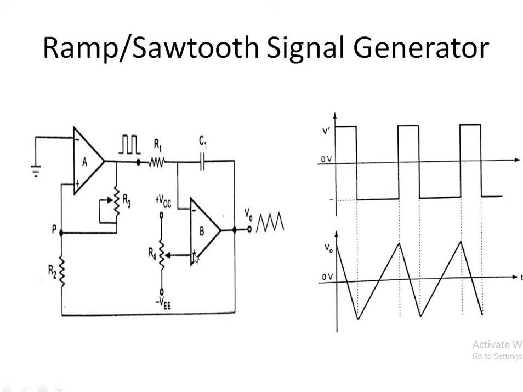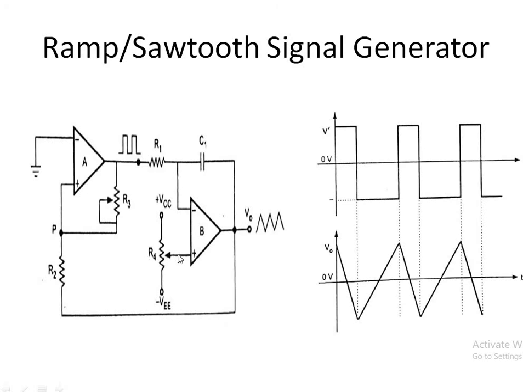So here the time period of the rising and falling of the ramp signal is controlled by the location or the value of the potentiometer maintained here.